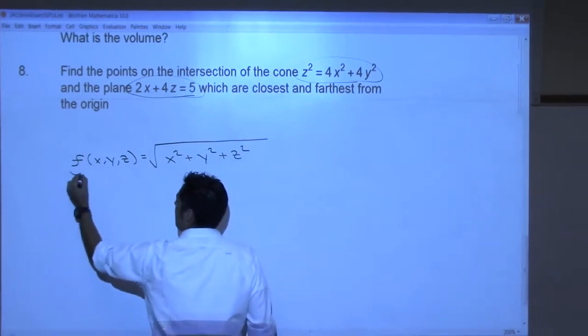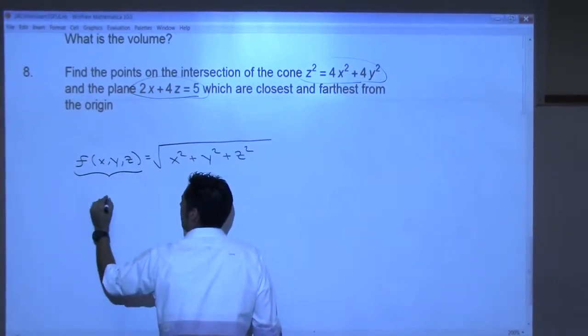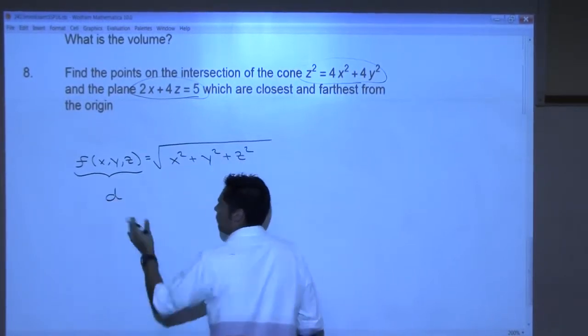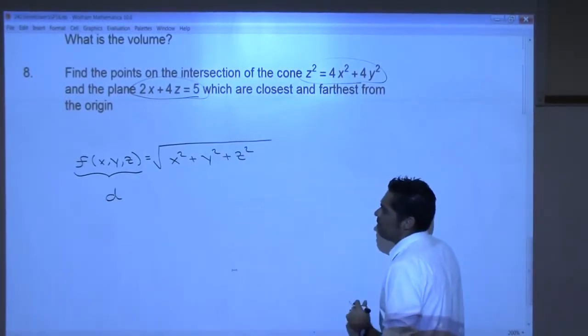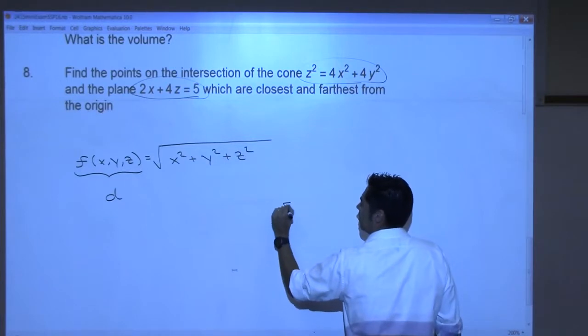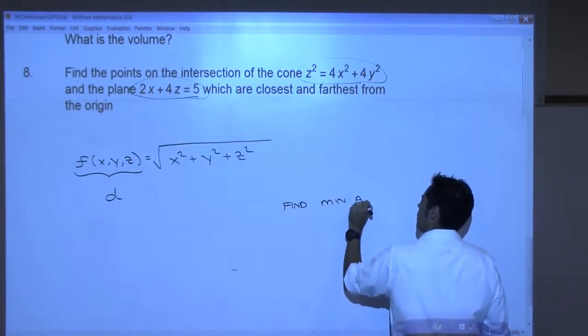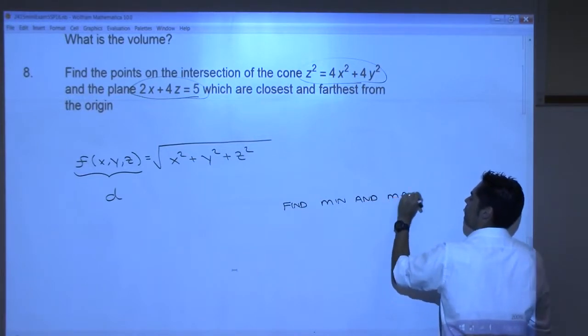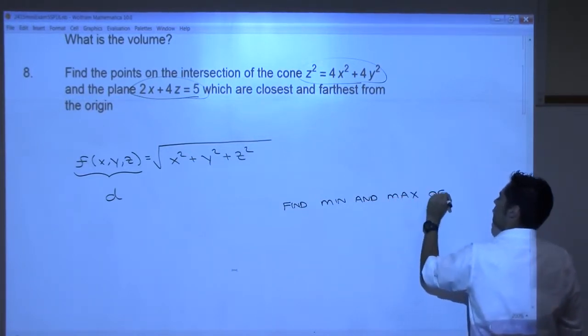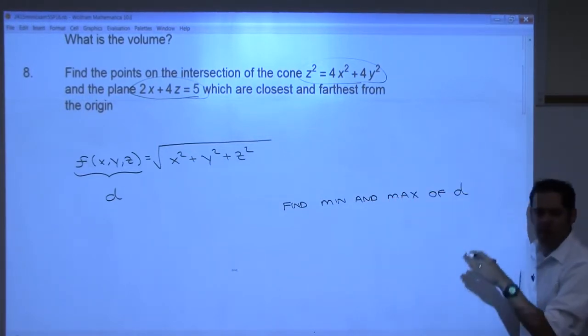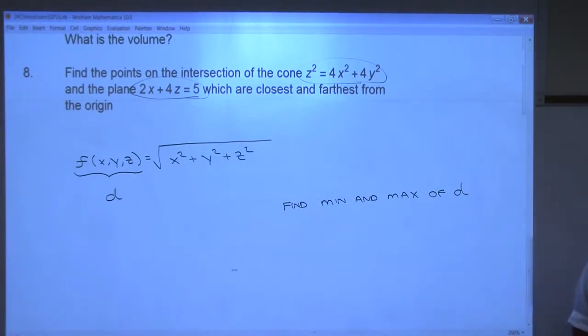If we call this right here d, right, for distance, that's what it was. We are trying to find the minimum and the maximum of d, right? That's what we're trying to figure out, the x, the y, and the z that will give you a minimum and maximum of that distance function constrained to those 2 curves.